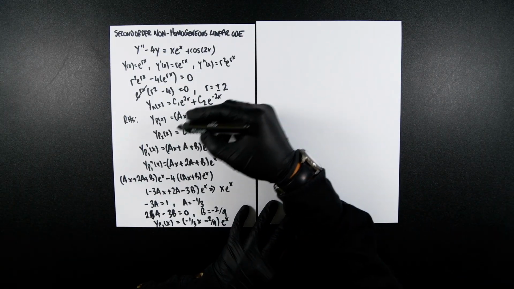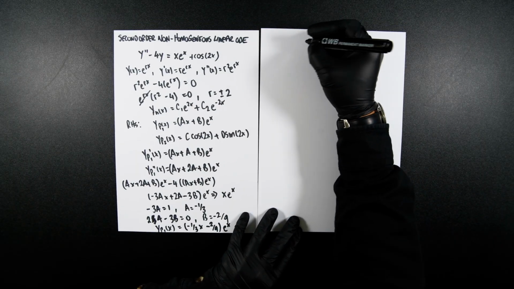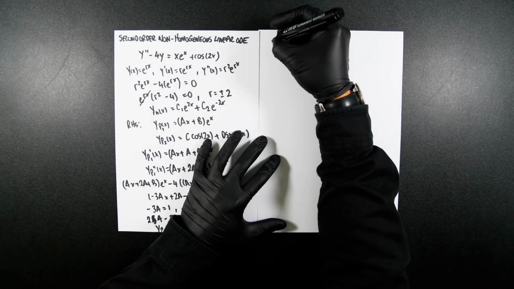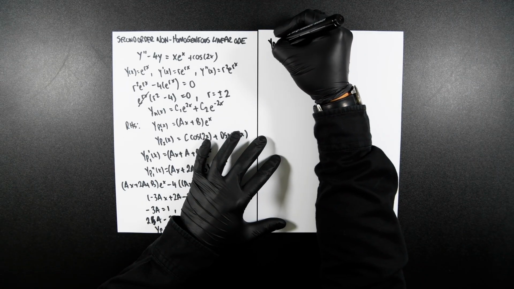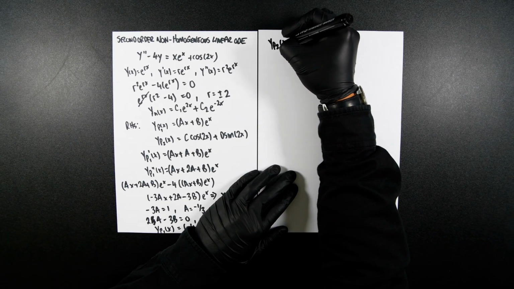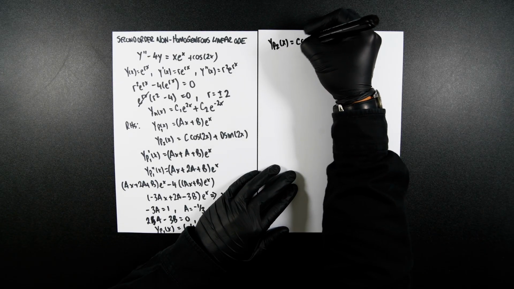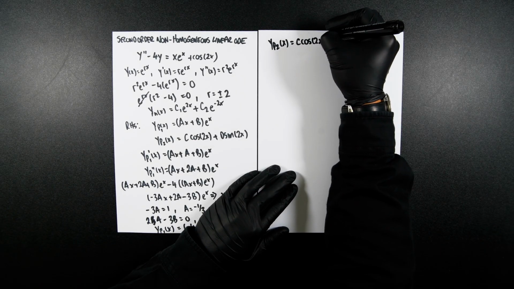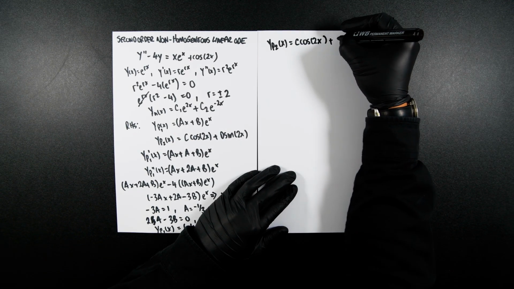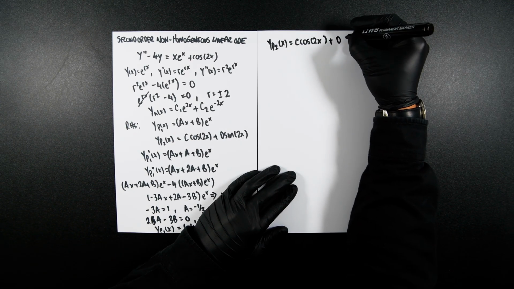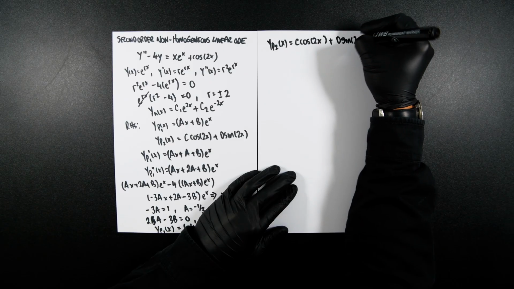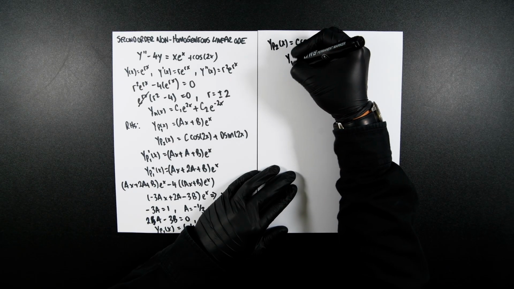We're going to tackle y_p2, which is here. So y_p2(x) equals c cos 2x plus d sine 2x. Same as we did last time.